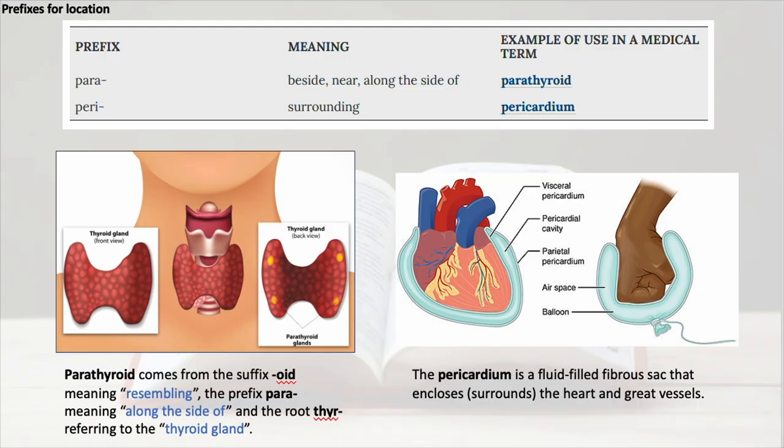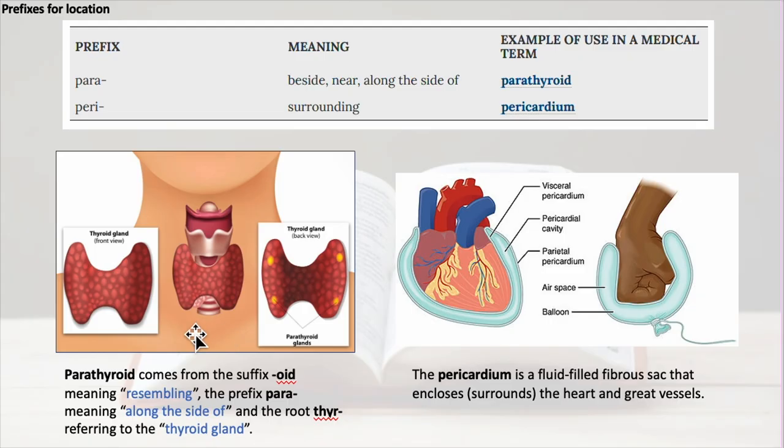So we have on this particular slide the parathyroid. Now, parathyroid, para meaning beside, thyroid referring to the thyroid gland. And the parathyroid is the small glands that are located essentially beside the thyroid.